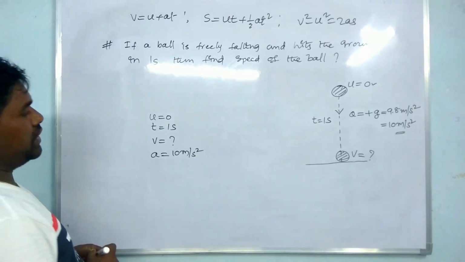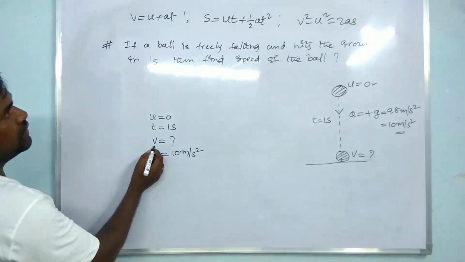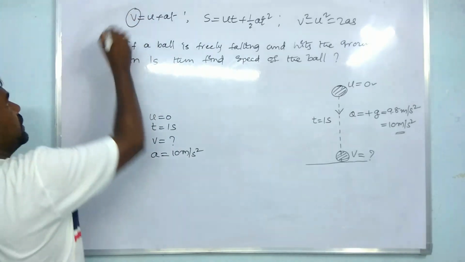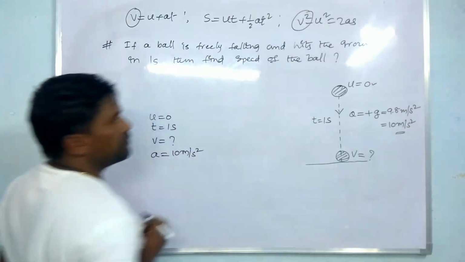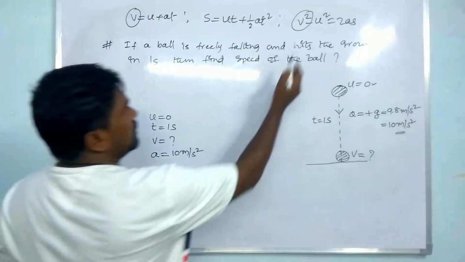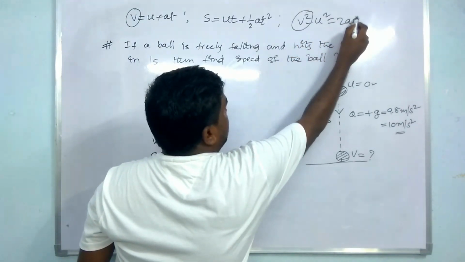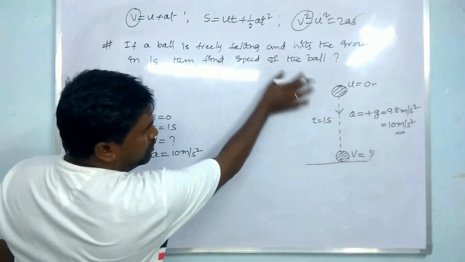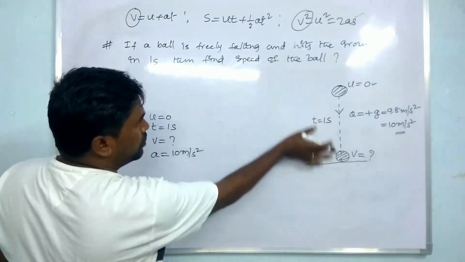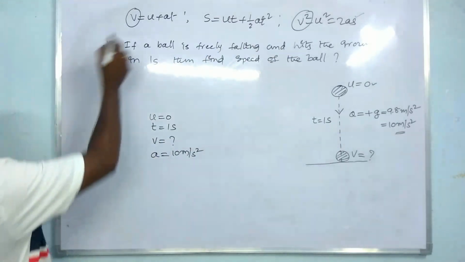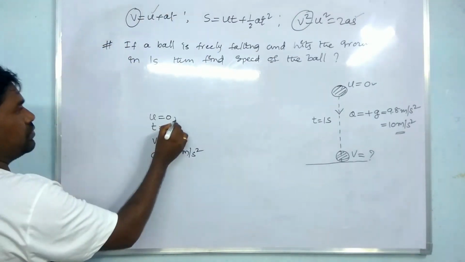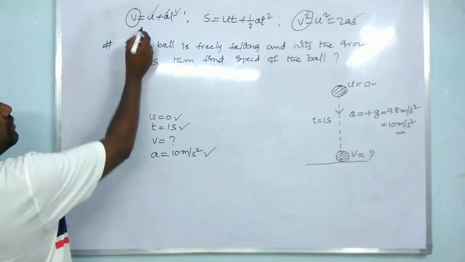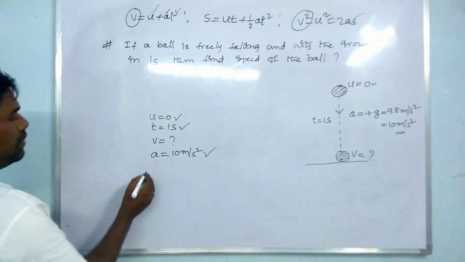Which equation is used here to find the velocity? Let us see. In one equation there is the s value, the displacement or distance, but here they don't give the distance or displacement. But in the other equation there is u, acceleration and t.